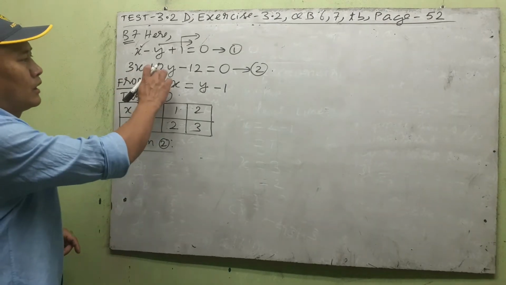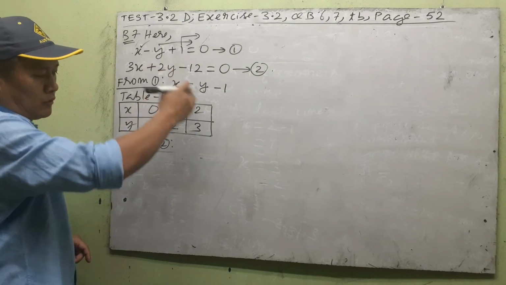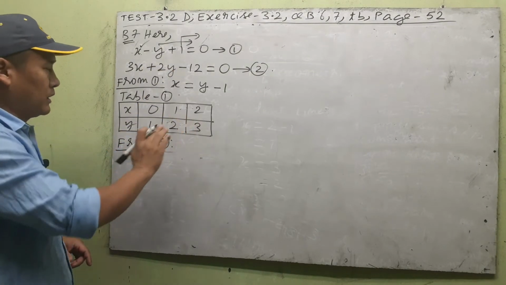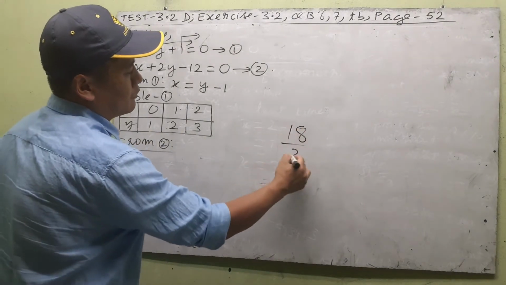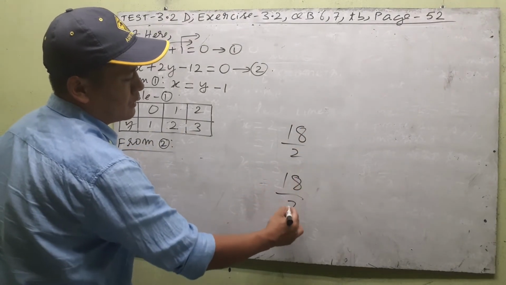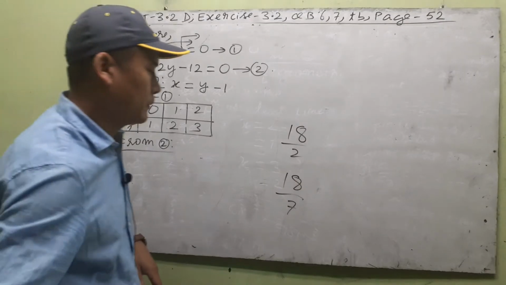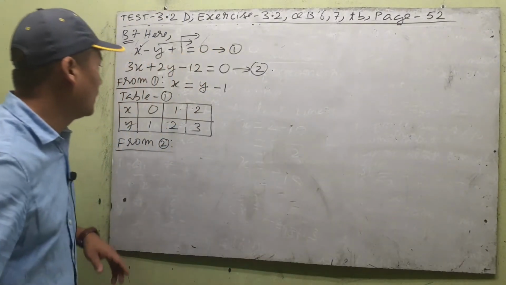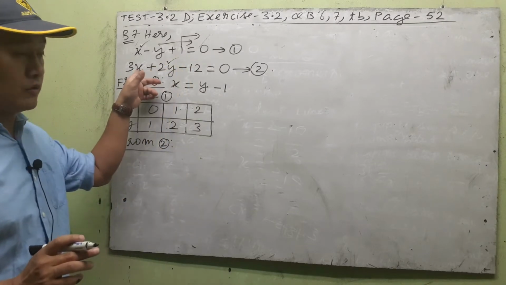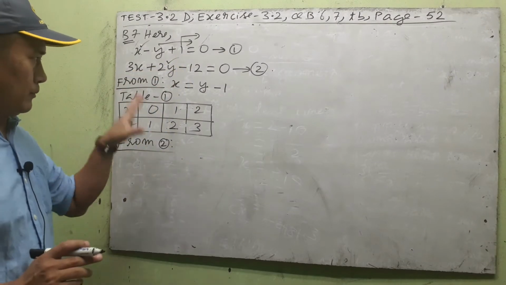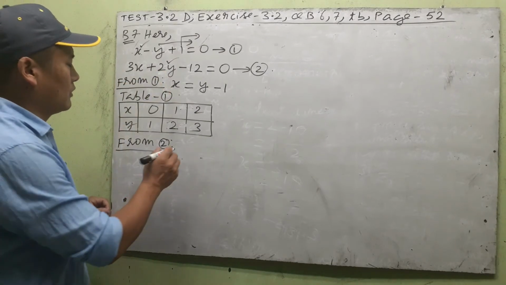Why? Because if you take the lower number, it will go to the denominator and it's easier to divide by smaller numbers. What I mean is, dividing 18 by 2 is easier than 18 by 7, something like that. So here we're going to take this now. That's not a rule, you could have taken this one also, that's absolutely correct, but to make things easier we're taking the smaller one.